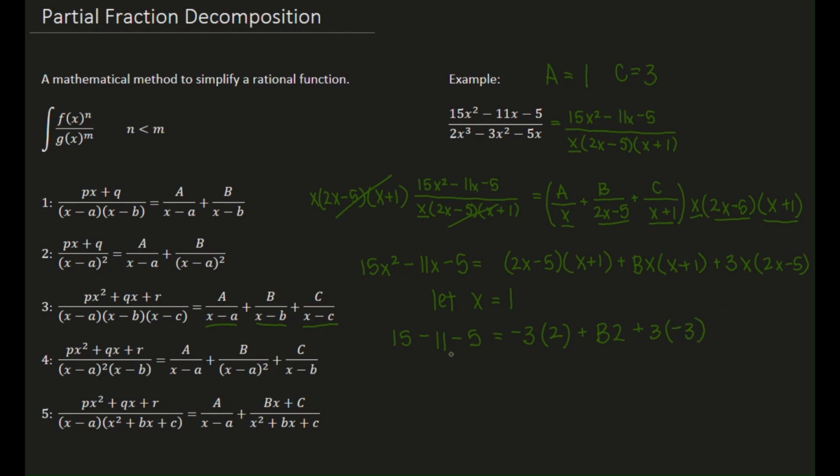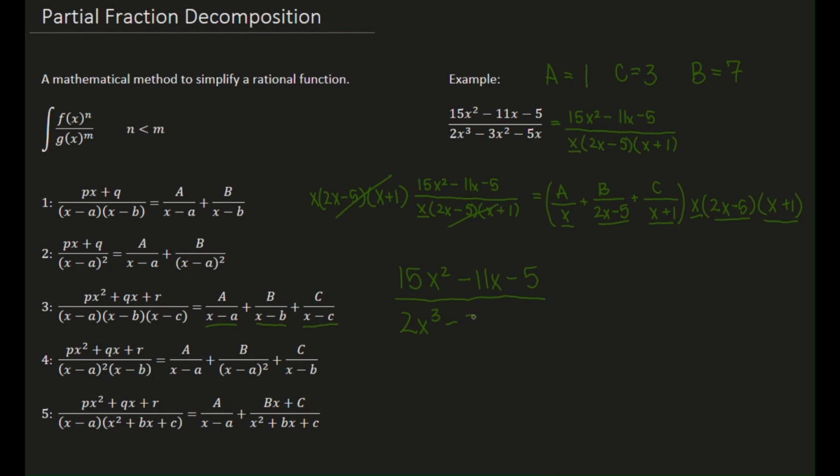The left-hand side becomes negative 1 equaling negative 6 plus 2b minus 9. b equals 7.